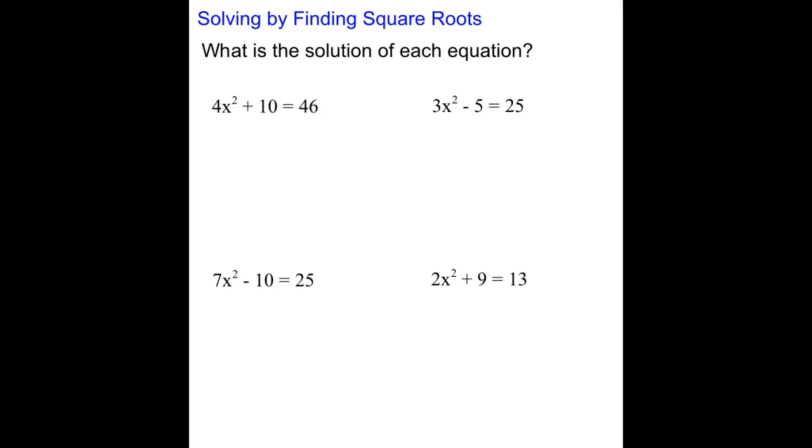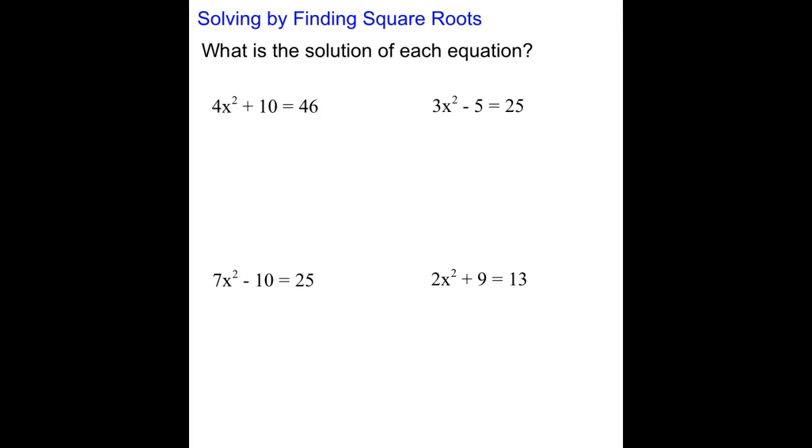So our first ones, if you look at the four examples, notice that there are several pieces in them. We have some constants, just plain numbers. We also have some pieces that have an x squared in them. Okay? But in none of these four examples do we have just a plain x term.